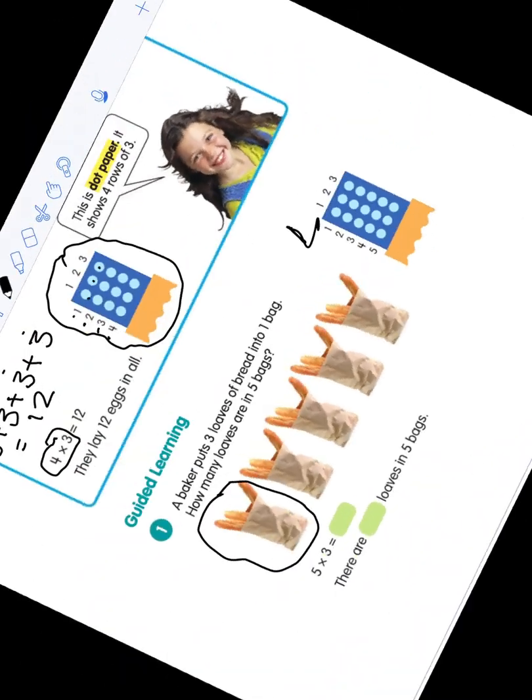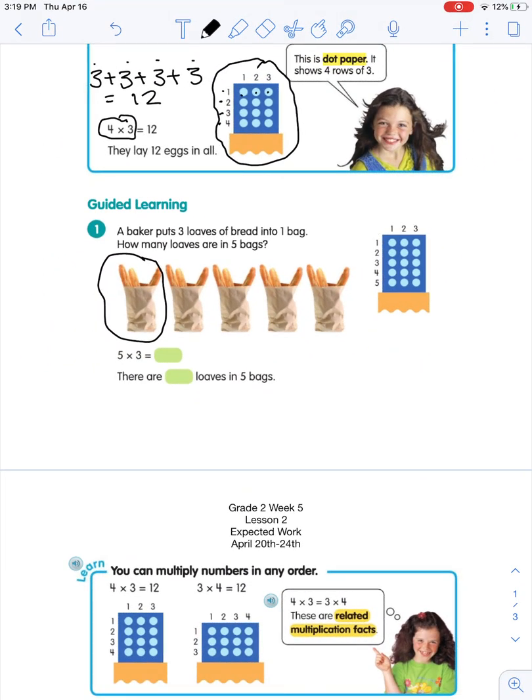Well, if I'm looking at my dot paper over here, I see I have 5 rows, right? 5 rows, and I have 3 in each row, correct?